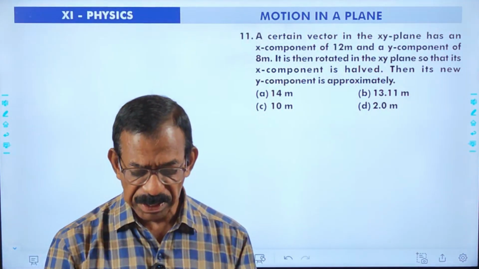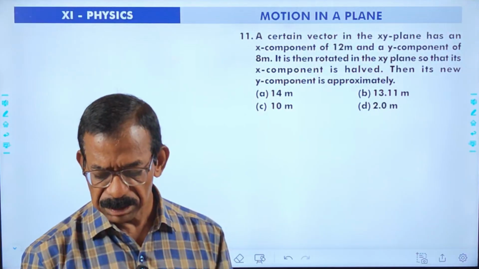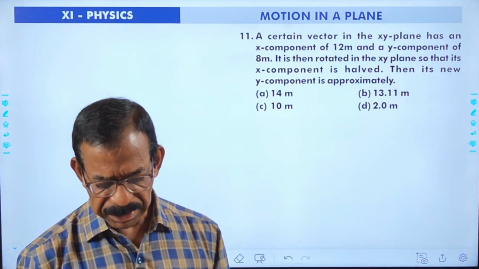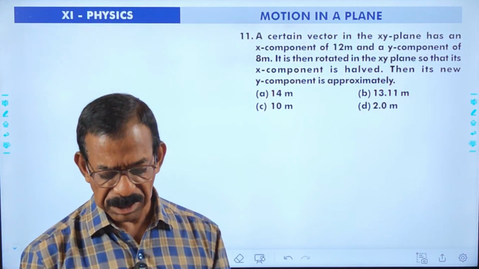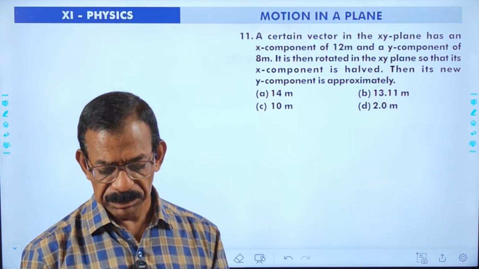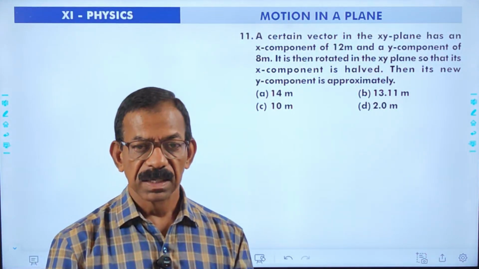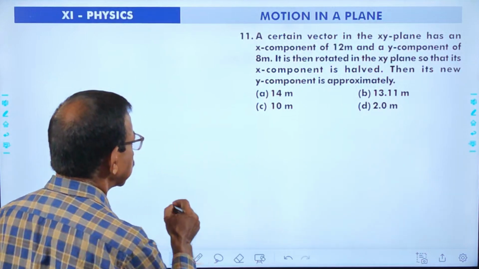A certain vector in the xy plane has x component of 12 meter and the y component of 8 meter. It is then rotated in the xy plane so that the x component is halved. Then its new y component is... that is, the x component is 12 and y component is 8.